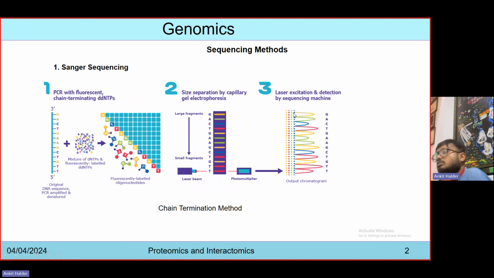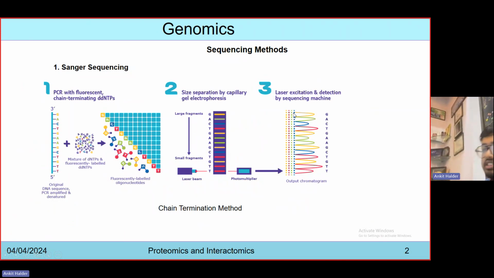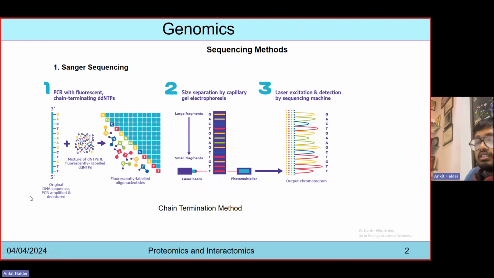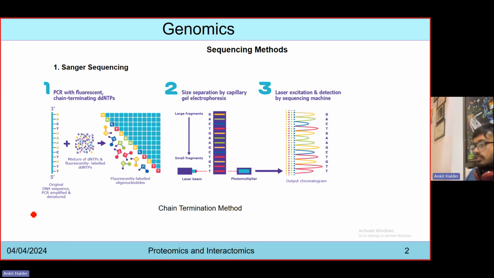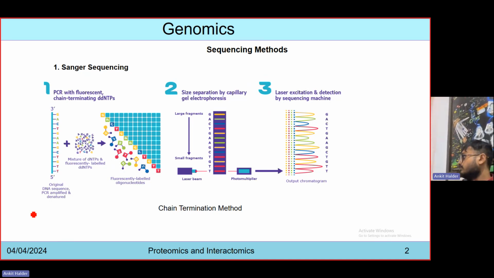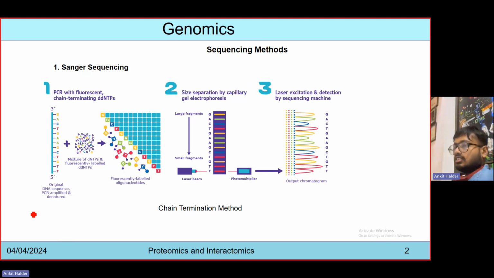So, genomics. We started with the sequencing method of Sanger sequencing. What is the concept? You will have the DNA sequence PCR amplified. The major thing is that in proteomics, proteins cannot be amplified like DNA sequences or genes can be.